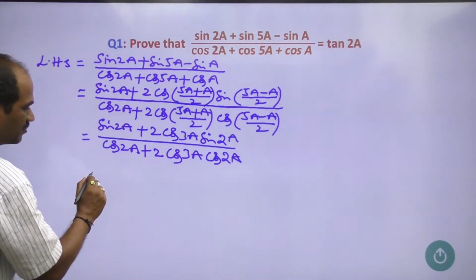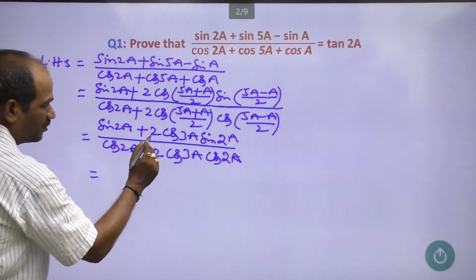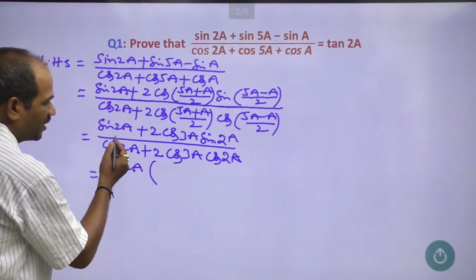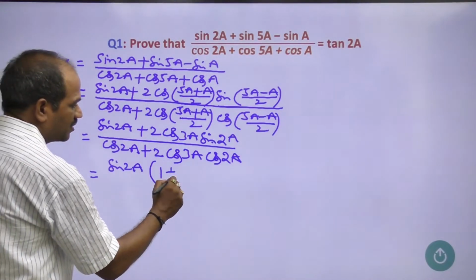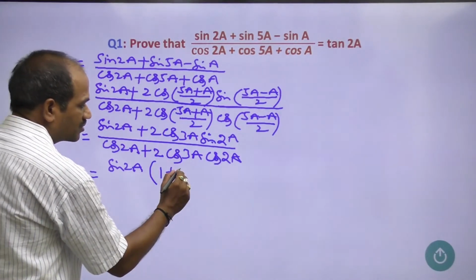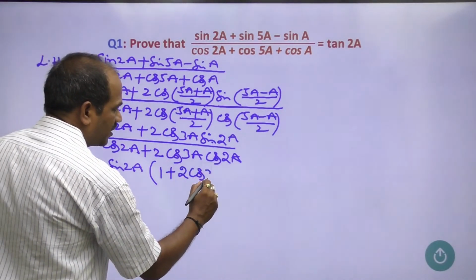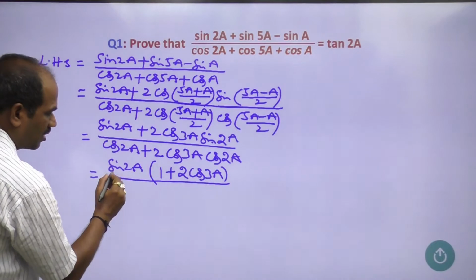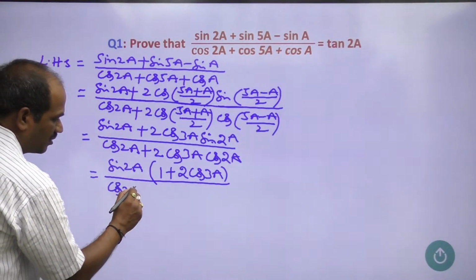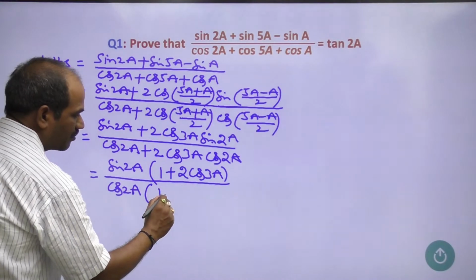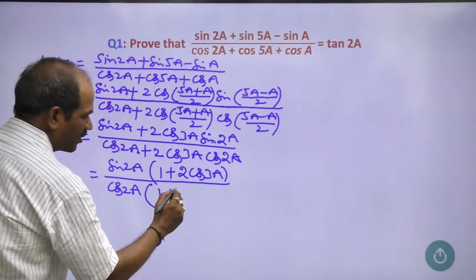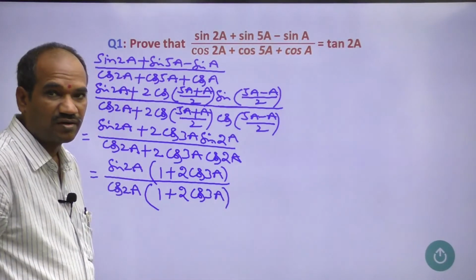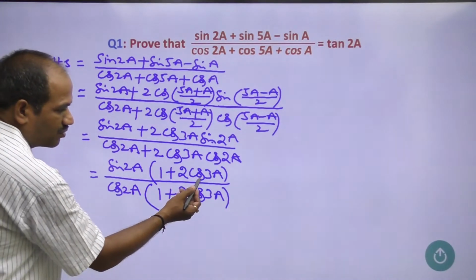So here that is equal to two terms, and sin 2a is common: sin 2a times (1 plus 2 cos 3a), whole over the denominator, where cos 2a is common: cos 2a times (1 plus 2 cos 3a).